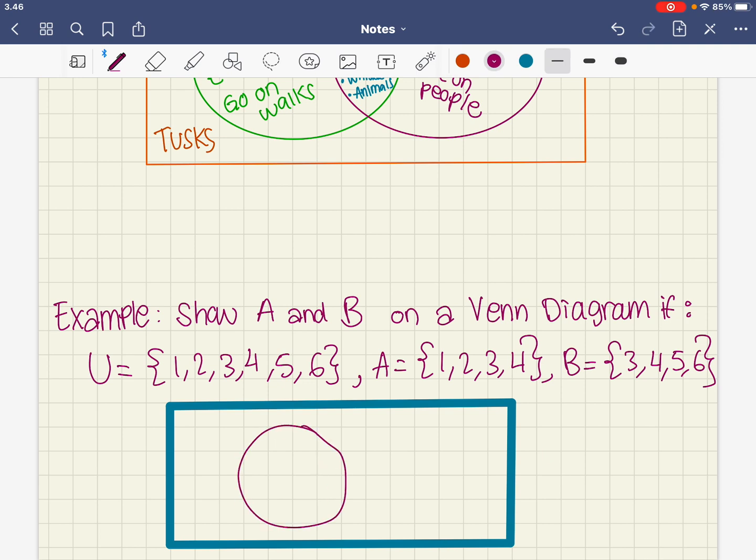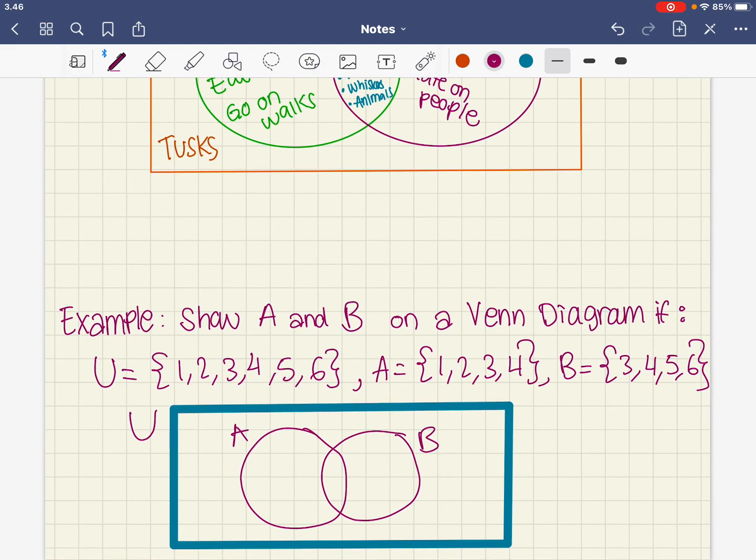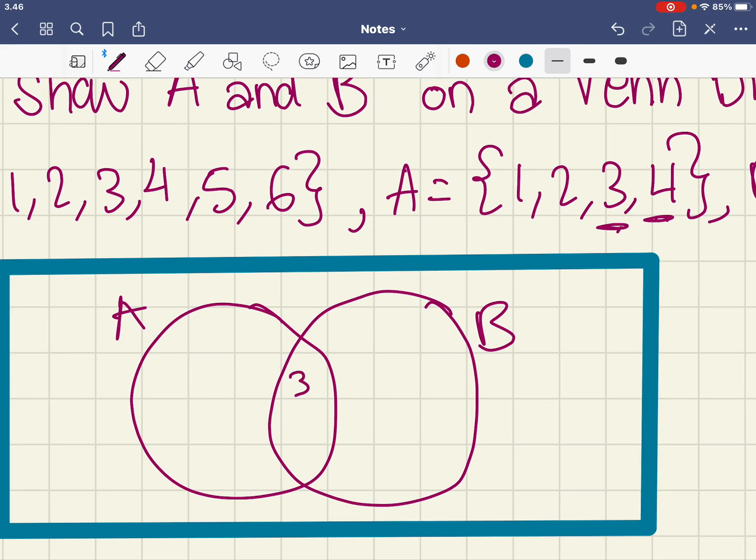So I'm going to put this as A, and then this is B, and this is our U, universal set, the rectangle. So what I would suggest is fill out the intersection. Intersection is what they have in common, so the middle part here. So A and B have 3 and 4 in common. So I would put that here, 3 and 4.